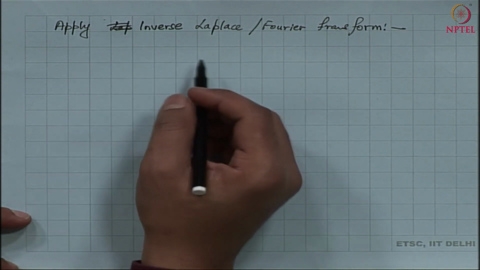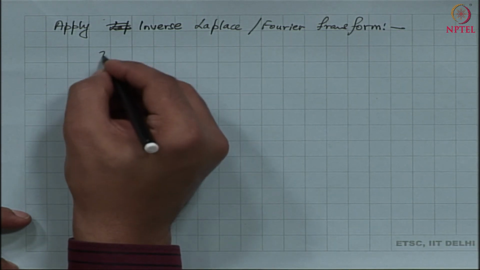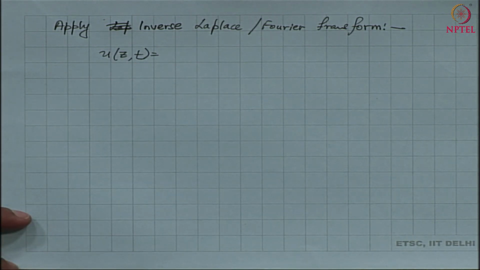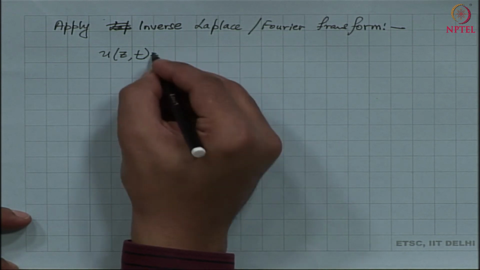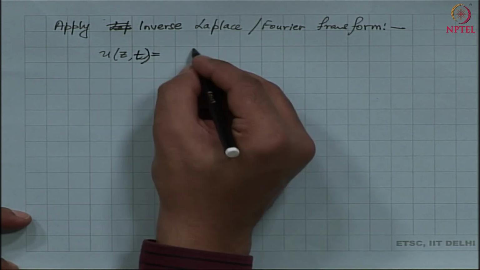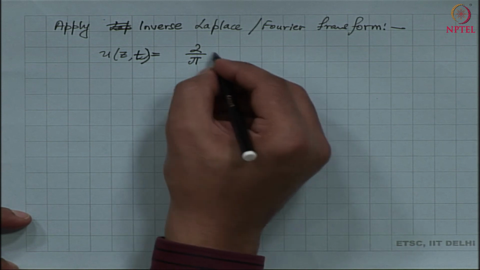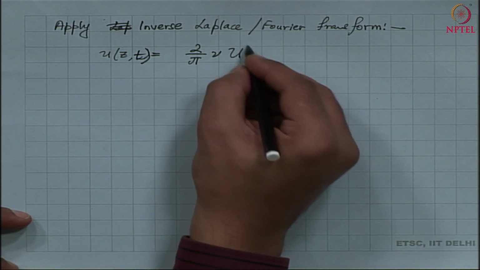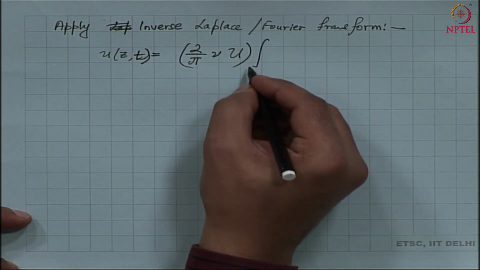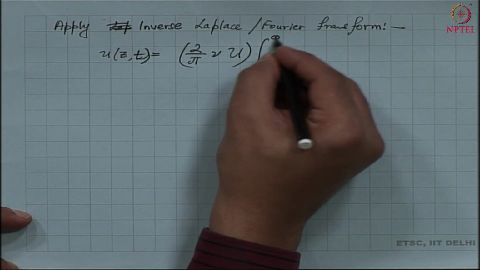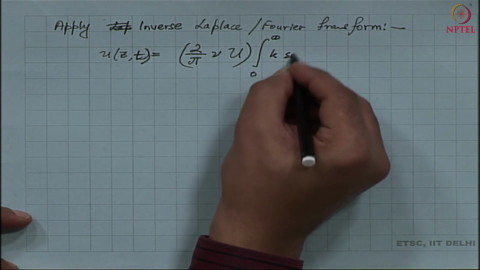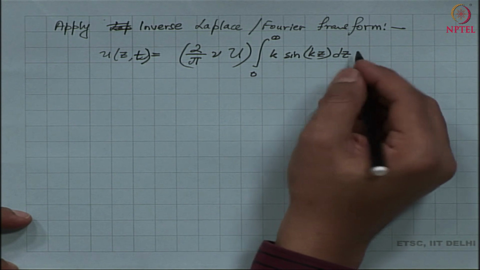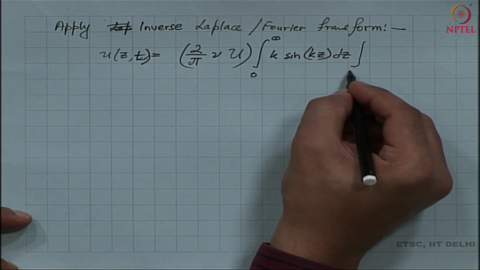The solution u of z comma t is this factor, which is a constant, square root 2 by pi times nu, the kinematic viscosity, times u, times the Fourier sine integral from 0 to infinity of k times sine k z dk, times the Laplace integral.